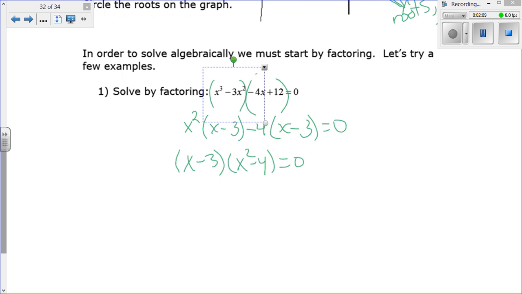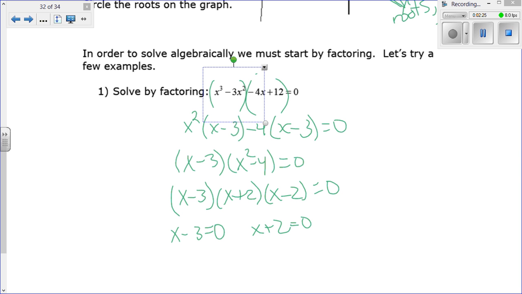Okay, I can keep factoring that, so I will have x minus 3, and then x plus 2, x minus 2 equals 0. So now I set each factor equal to 0: x minus 3 equals 0, x plus 2 equals 0, and x minus 2 equals 0.